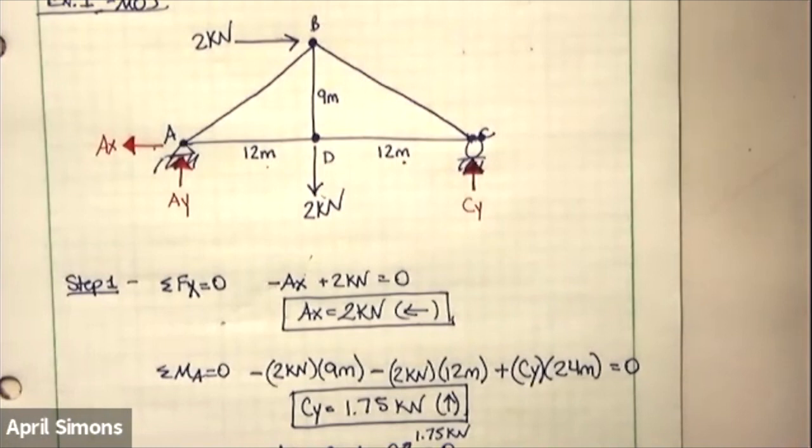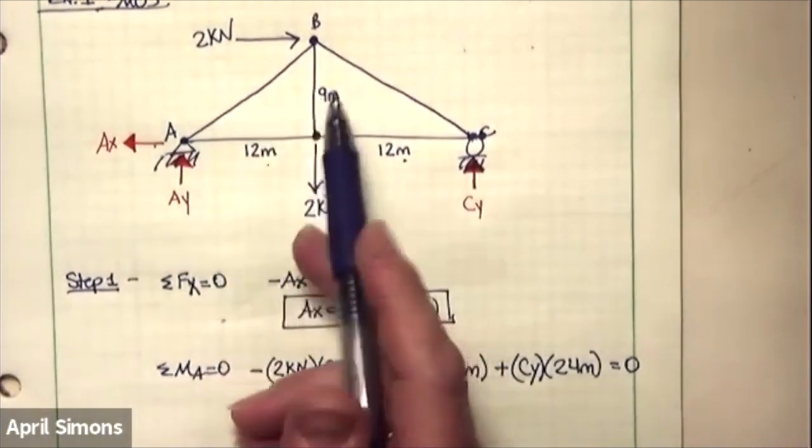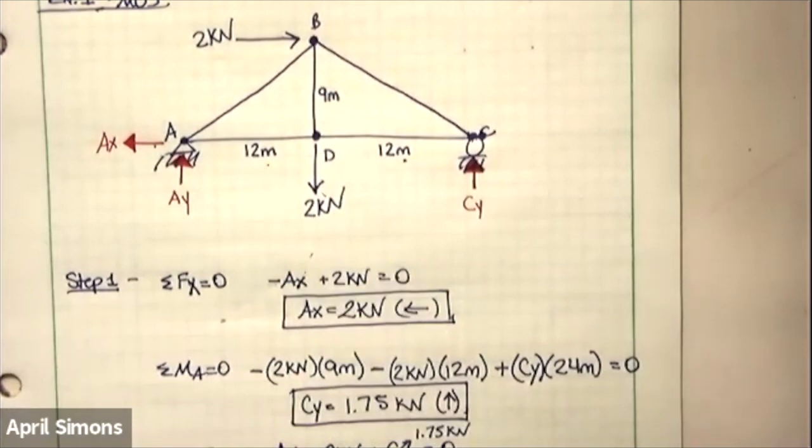Now, one of the questions that I always get asked a lot is where to start. And so there's no magic place to start on a truss. Basically it has to have either 1 or 2 unknowns. It can't have any more than 2 unknowns or we can't solve it.